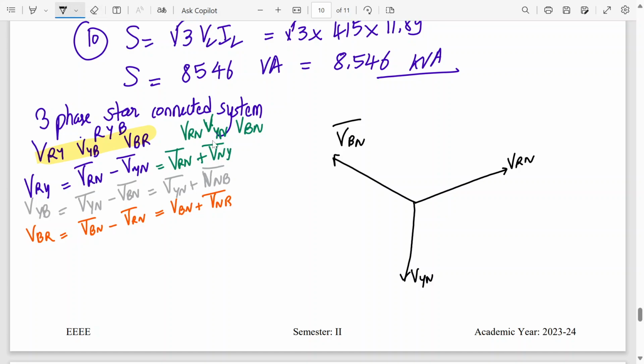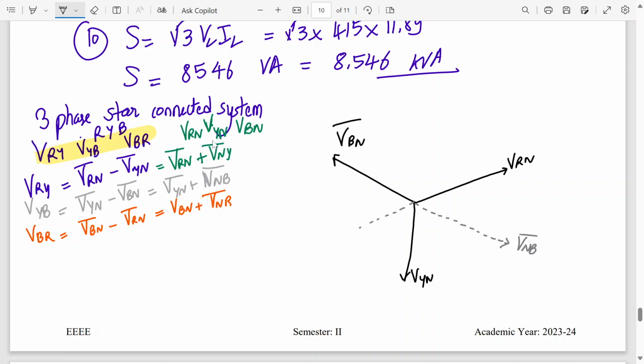Did you draw this? Everyone understood this much? Then we have to draw dotted lines behind. So this is VBN. How will I draw VNB? I'll take it on the back side. So this is VNB. Then VNR, how will I draw it here?